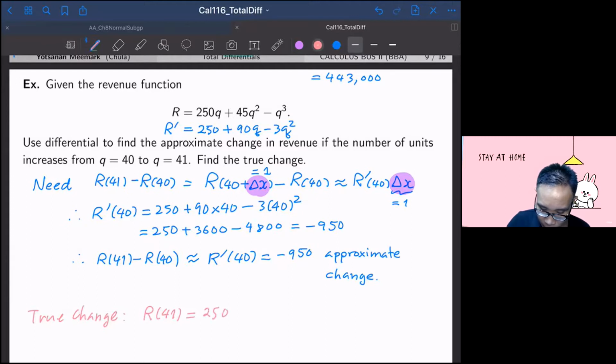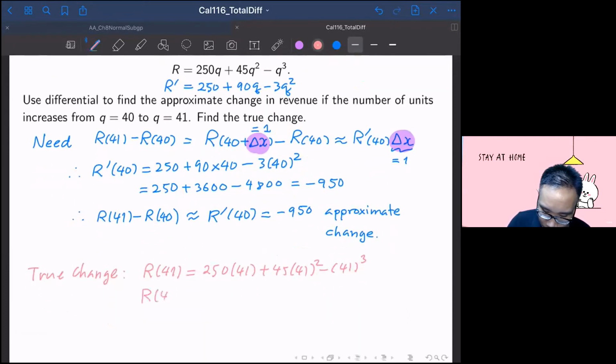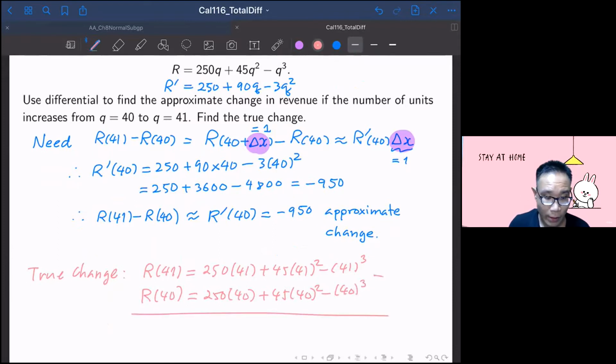It's going to be 250 times 41 plus 45 times 41 squared minus 41 to the third, and R at 40 equals 250 times 40 plus 45 times 40 squared minus 40 to the third, and you just subtract them. I already calculated this for you. When you subtract, you get negative 1026. So this is the true change.